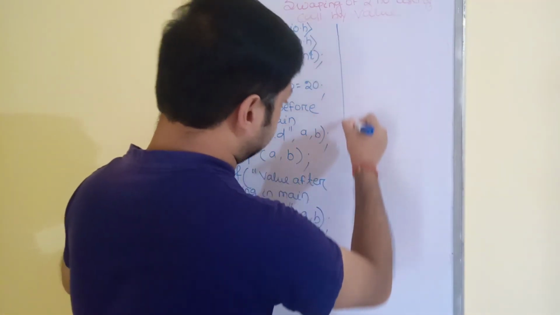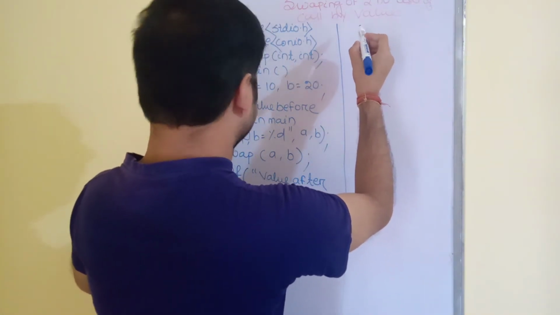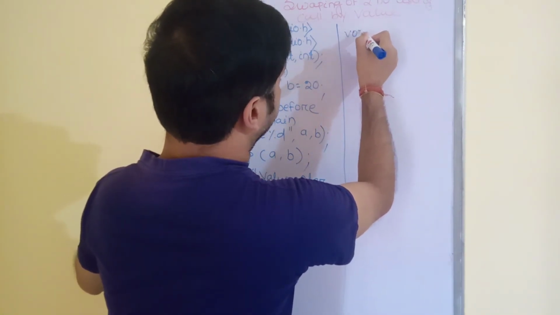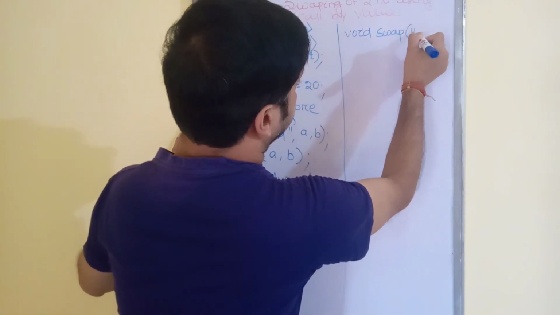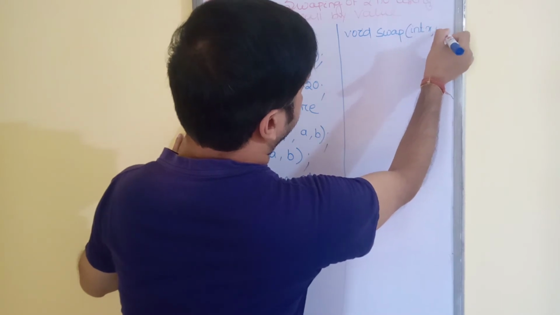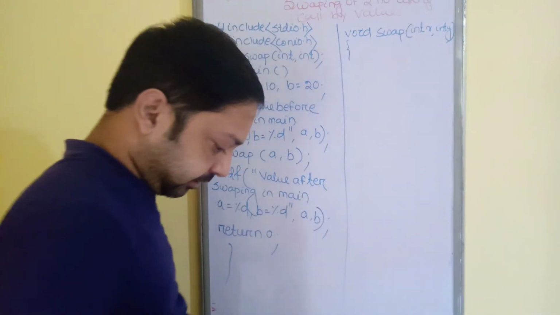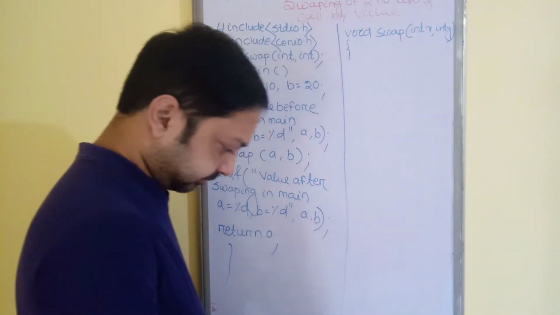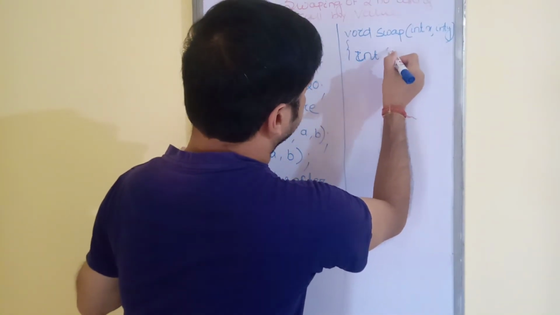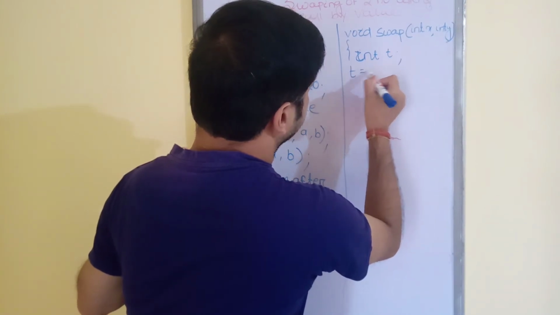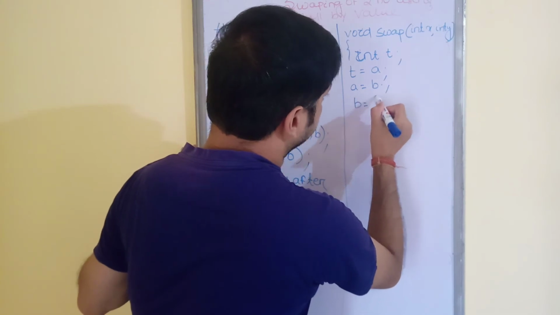Now the next part is the function after swapping. I can write here void swap, int x comma int y. Then I take a third variable here, int t, and the logic is simply t equals to a, a equals to b, then b equals to t.